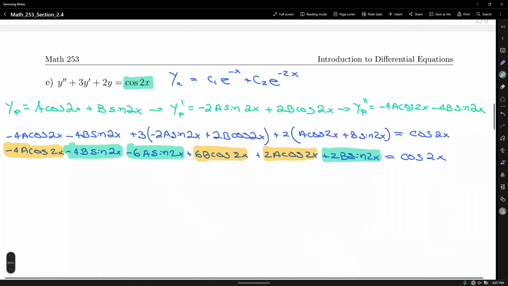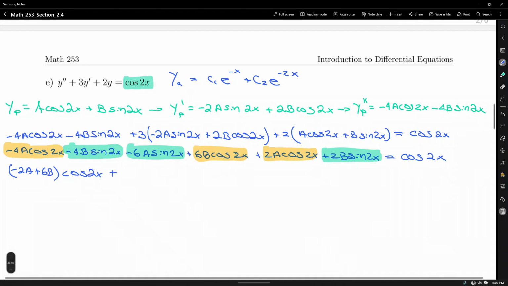So let me write the cosine 2x, and I'm going to open parentheses for whatever we have. Actually check this out. For negative 4a right here plus 2a, that's negative 2a. Do you guys agree? Negative 2a plus 6b times cosine.